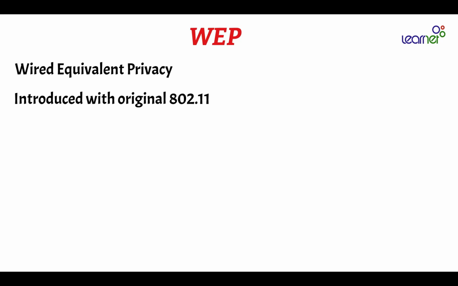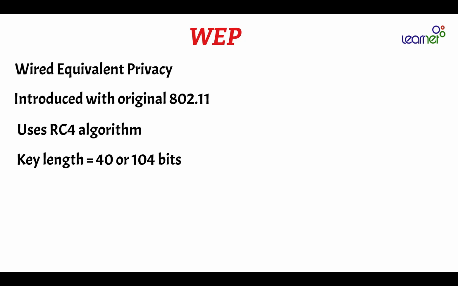Now I want to take you through a bit of history. WEP, or Wired Equivalent Privacy, was the first security method introduced with the original 802.11 IEEE standard. WEP uses an algorithm called RC4 for encryption. This algorithm supports two different key lengths, 40 bits and 104 bits. In some documents, you may see them as WEP-40 and WEP-104, which refers to these two different key lengths.